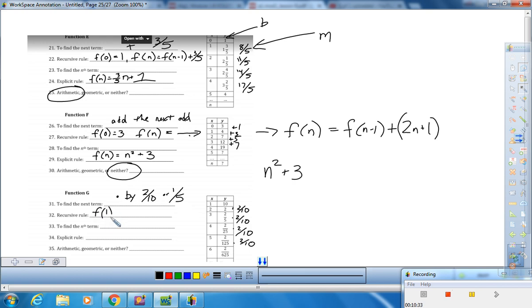f of 1 is 10. f of n is f of n minus 1, the previous one, times a fifth. To find the nth term, well, let's see, the 0th term was 50. So let's see. That is 1/5.